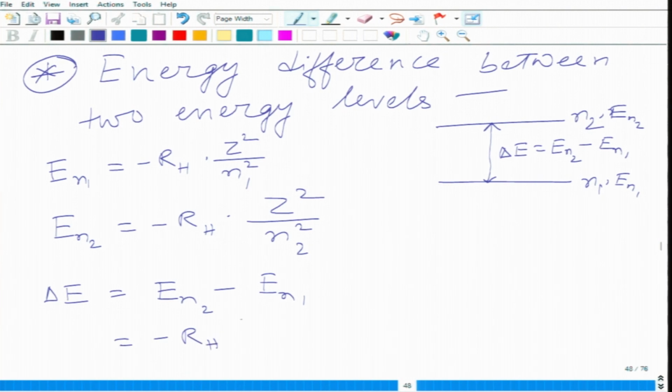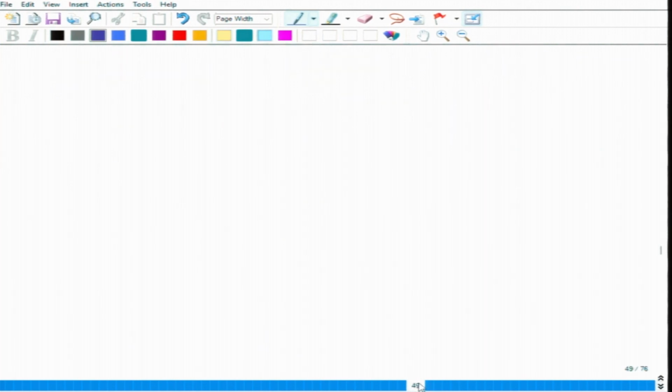minus RH Z squared by n2 squared minus of minus RH into Z squared by n1 squared.